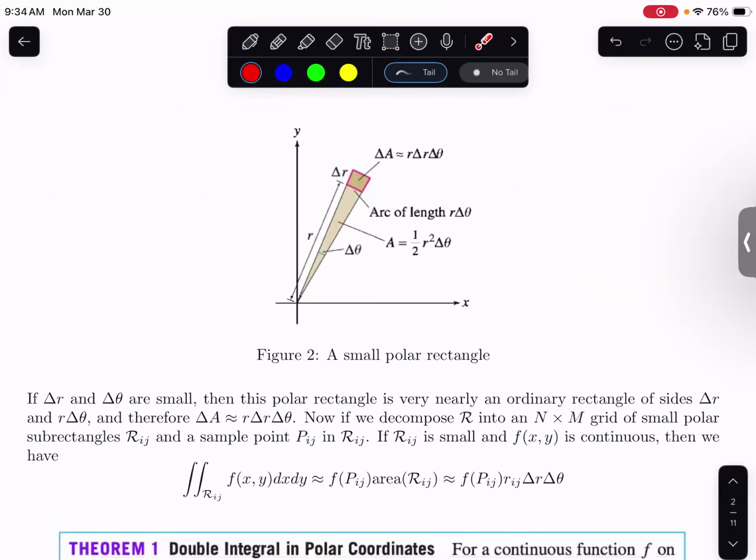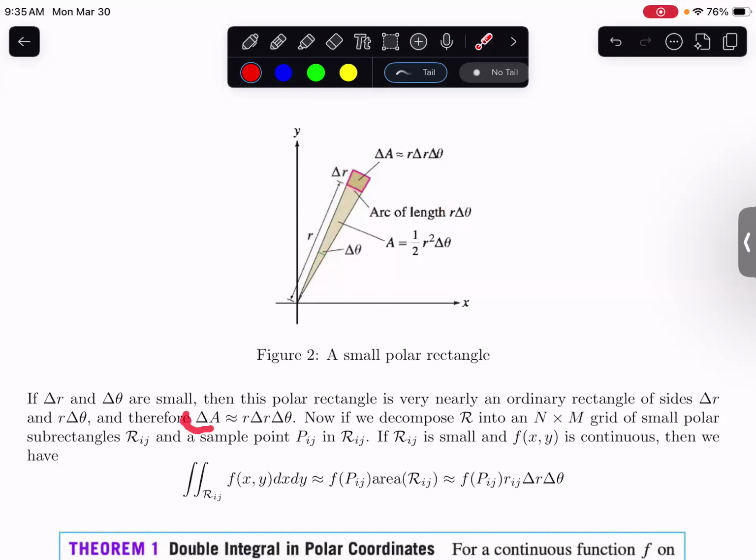Right, so if we make an infinitesimal change with respect to theta and with respect to r, we end up getting a tiny polar rectangle like so. And if you make the change small enough, this polar rectangle is going to have an area that's approximately equal to a rectangle, where the rectangle has side lengths given by the change in r multiplied by this length right here, where this length is an arc of length r delta theta, right?